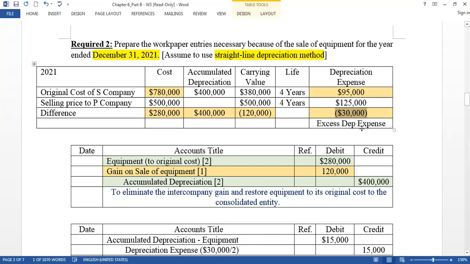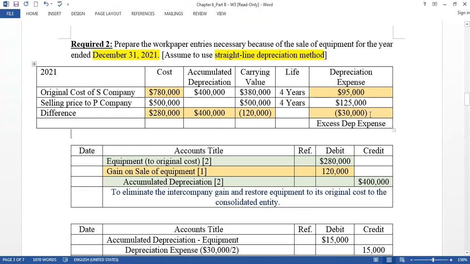So according to this example, we have excess depreciation expense. And because of the excess depreciation expense, our net income is going to drop, right? So we have to adjust in both sides. Our first adjustment, we are going to decrease our depreciation expense, okay, to make the original amount. What is the original amount? $95,000.